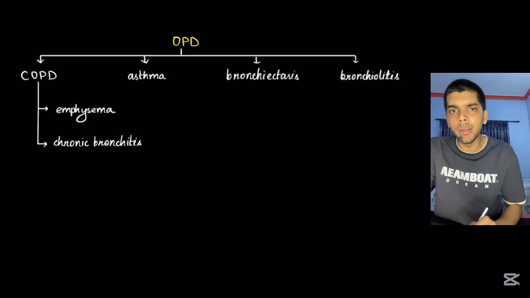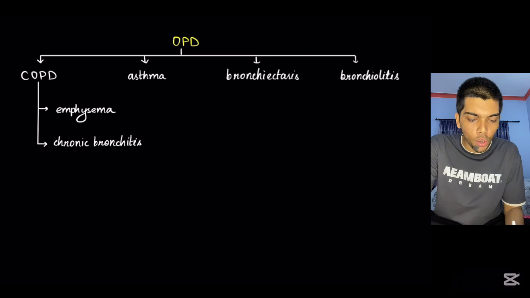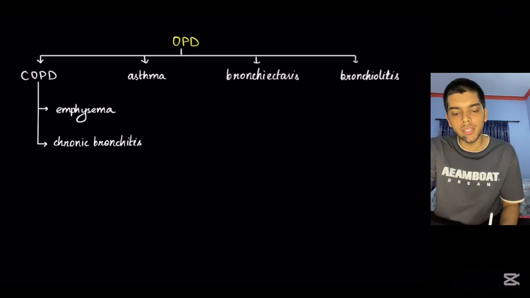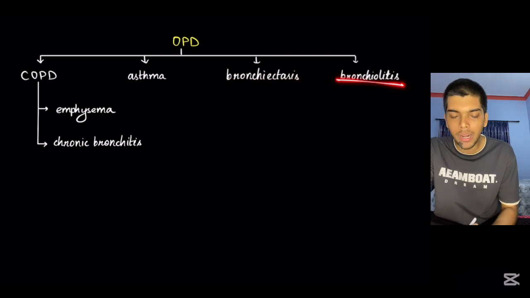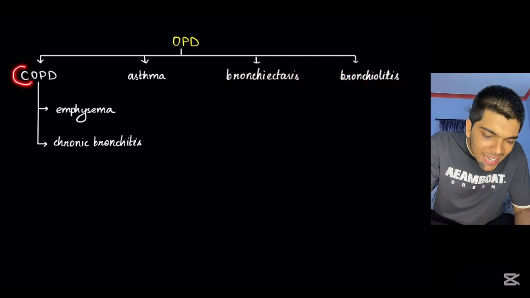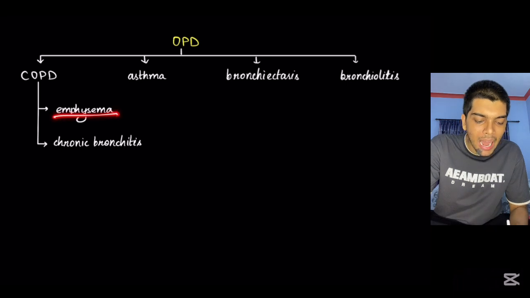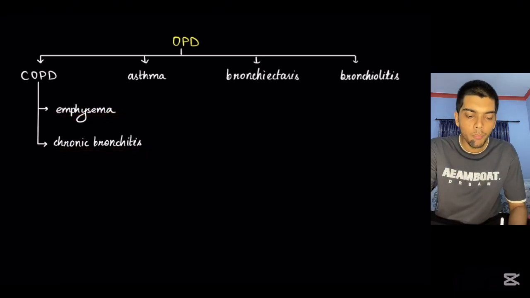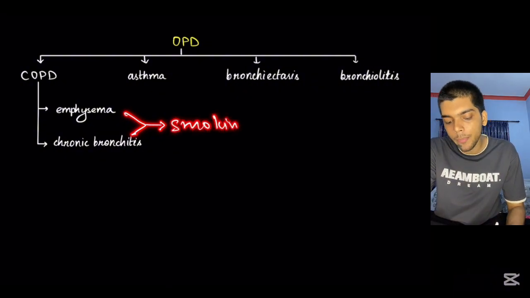Under obstructive pulmonary disease, we have four major diseases: chronic obstructive pulmonary disease, asthma, bronchiectasis, and bronchiolitis. Under chronic obstructive pulmonary disease, we have emphysema and chronic bronchitis. Both of them have strong, or shall I say very strong, association with smoking.